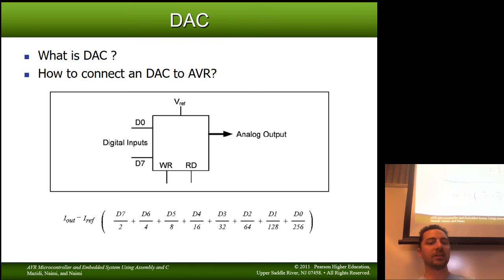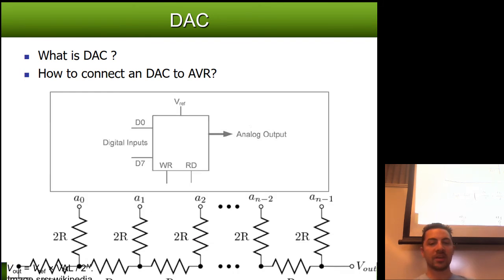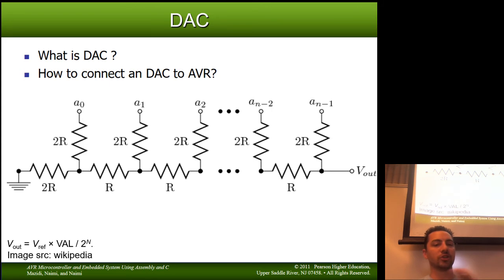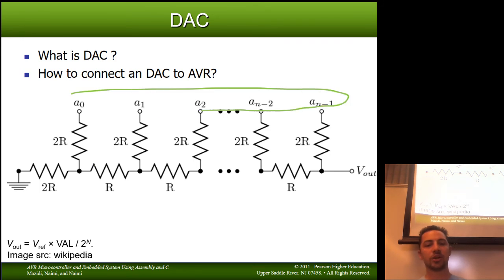The simplest way you can build one of these is with something called an R2R ladder. I'm not going to take the time right now to go through how all this works, but you would hook up each of these to a port pin. Let's say you hooked it up to port D. You would have 8 outputs.